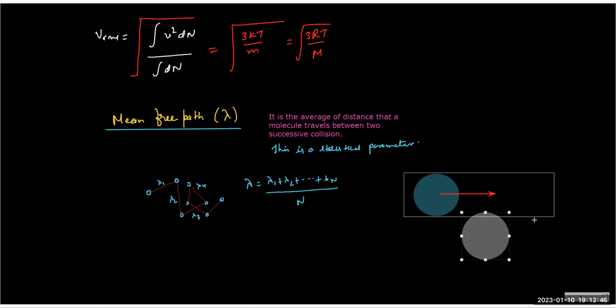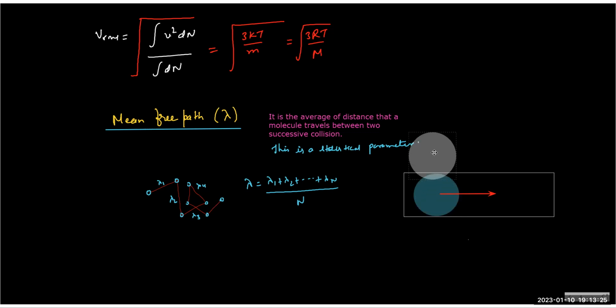So for collision, what is the possibility? The separation between the centers should be less than how much? 2R, isn't it? You can see clearly. Even if you are here, you're hitting it, right? So the separation between the centers of the first and the second molecule is less than 2R. Yes or no? So in the worst case scenario, I can take almost 2R for calculation purposes.